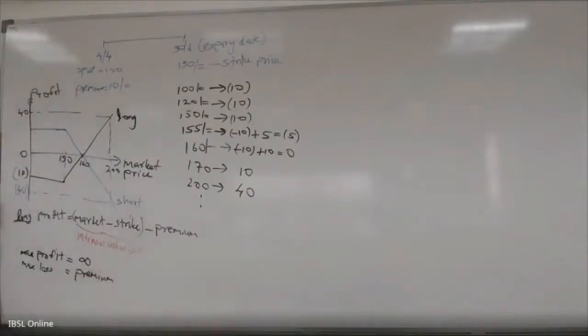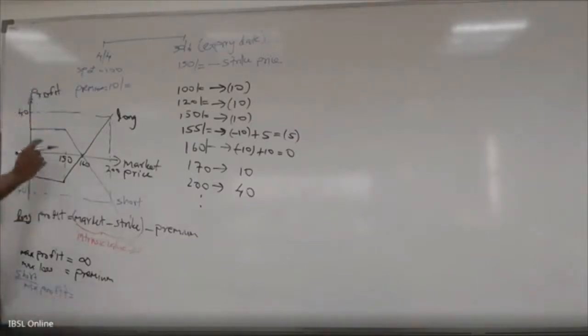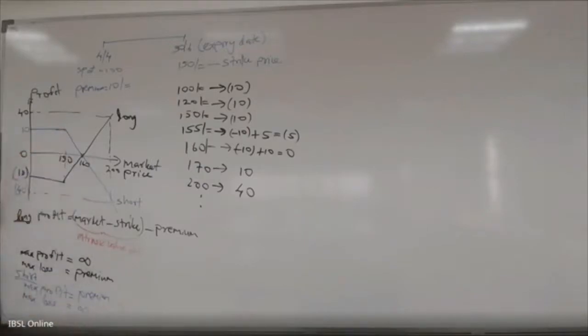If you're short, maximum profit will be 10, which is the premium, and the maximum loss will be infinite. So it's the mirror image. Both diagrams, long and short, are mirror images, likewise maximum profit and maximum loss.